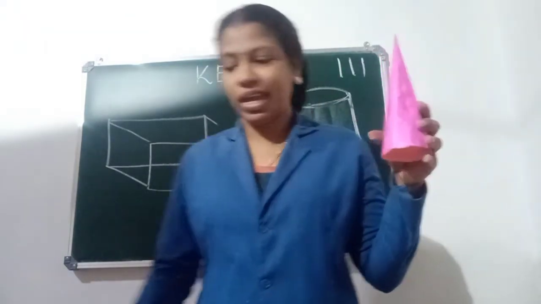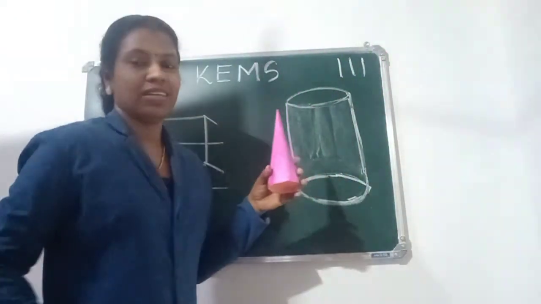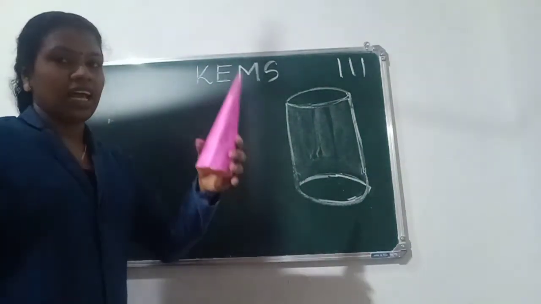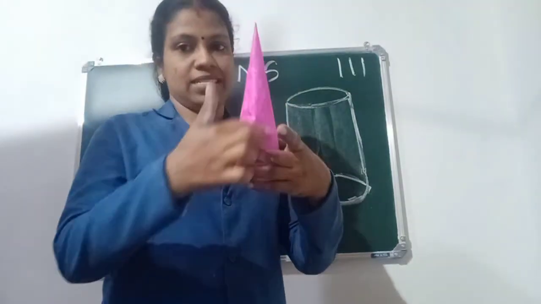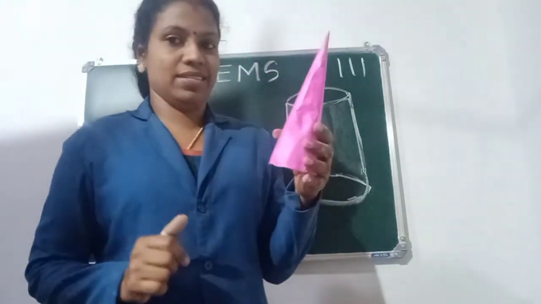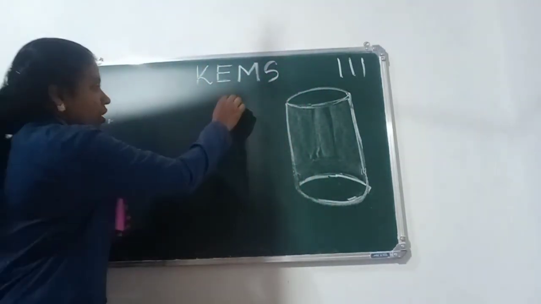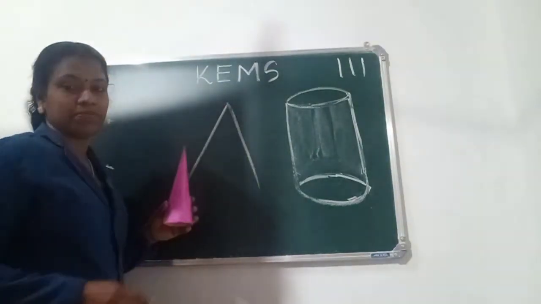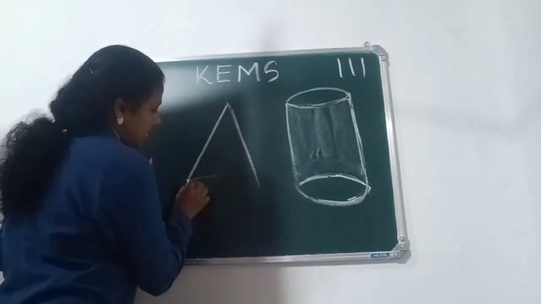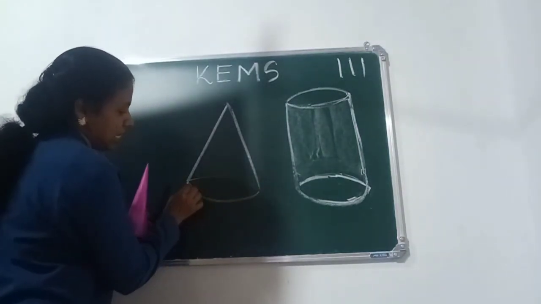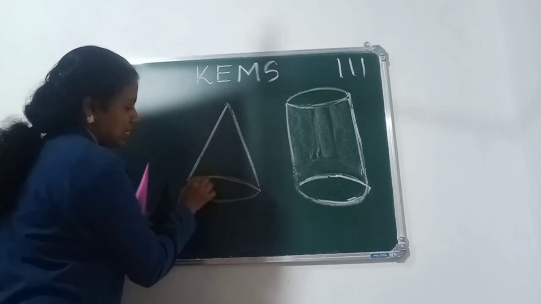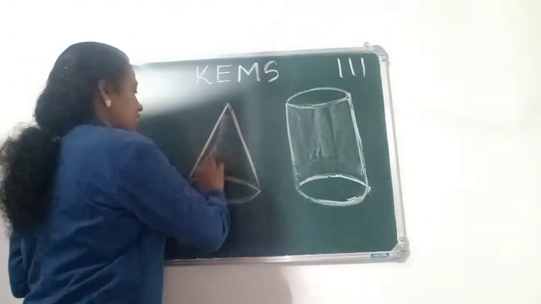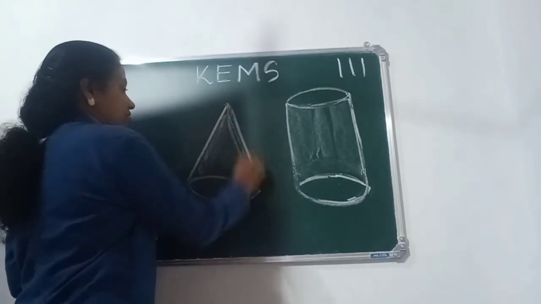Okay. How will you draw a cone? We can draw a cone the same way. Actually, it has no edges. One corner is there, no edges. So how will you draw? Yes. This is the corner. And here is the plain circle shape. So this is a cone shape. Clear? This is the curved face.